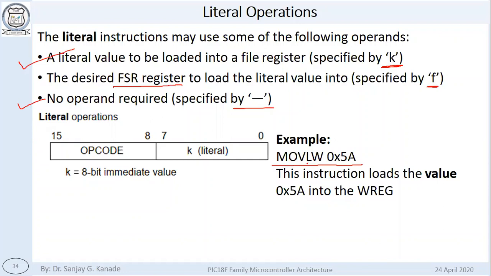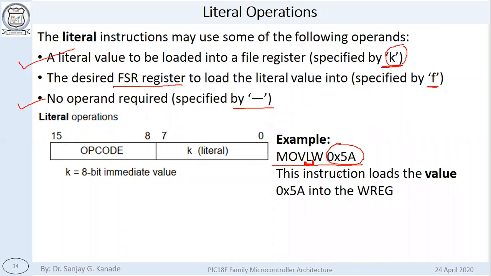Whenever in an instruction there is the letter L, it generally indicates literal. What it is going to do is move L to W, which means move a literal value to W. W is the working register. In this instruction we have to specify the literal value, right? We have to specify this k in the instruction.